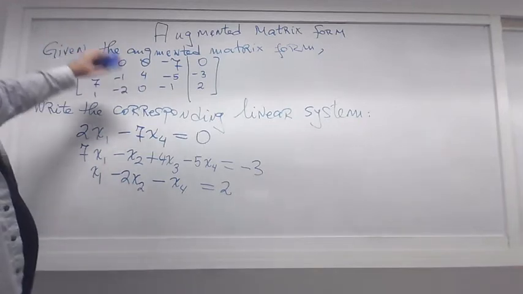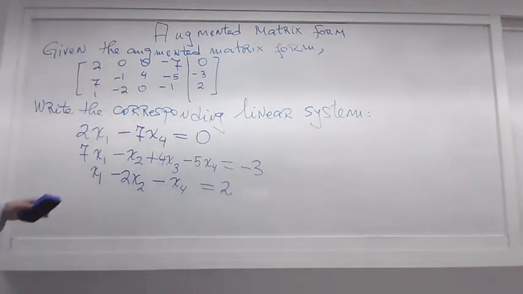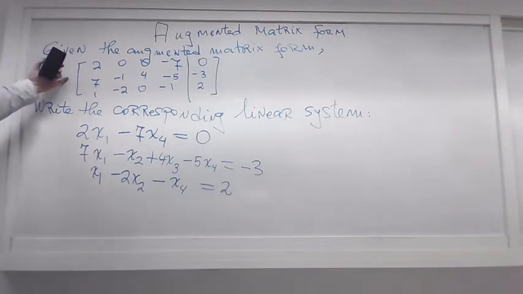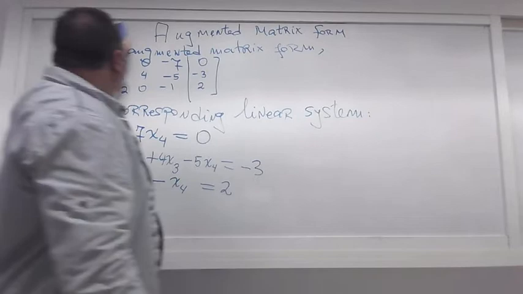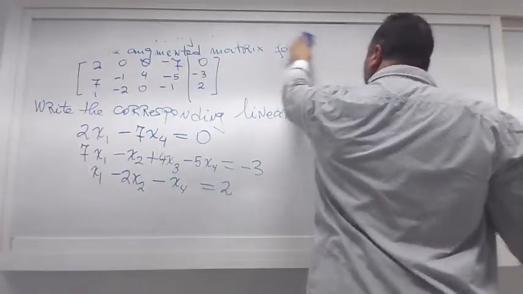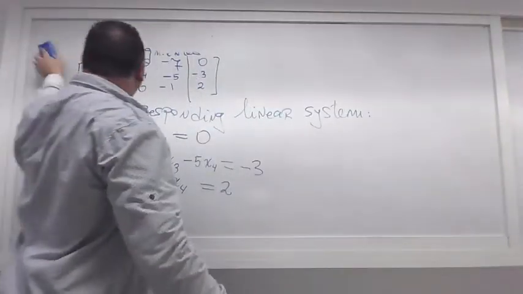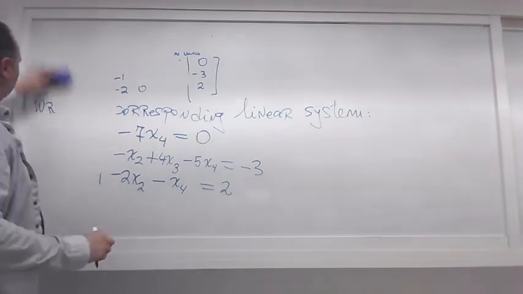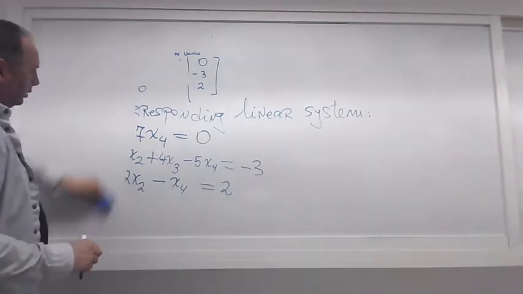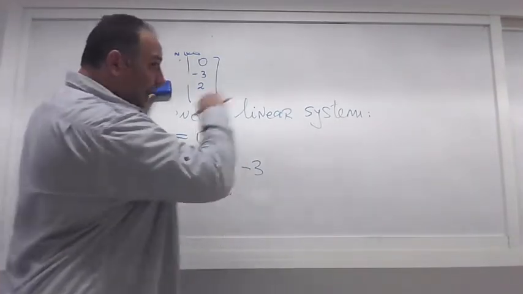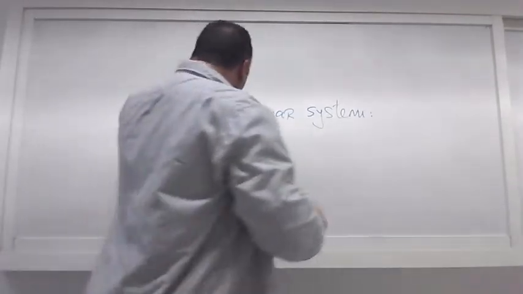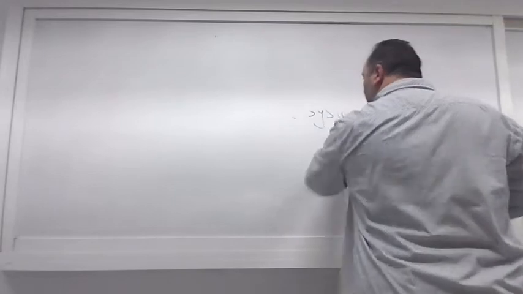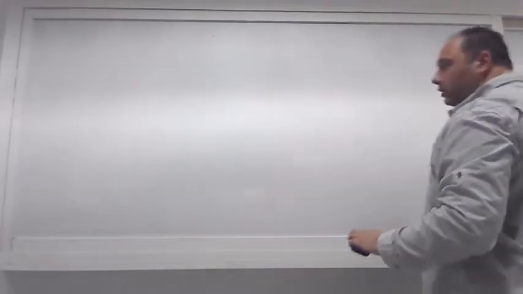Good, so now we know how to go from system to augmented matrix form and from augmented matrix form back to the system. What I want now is to introduce 3 elementary row operations. They work on rows, so on the lines of the matrix. We will see how they are useful and important.